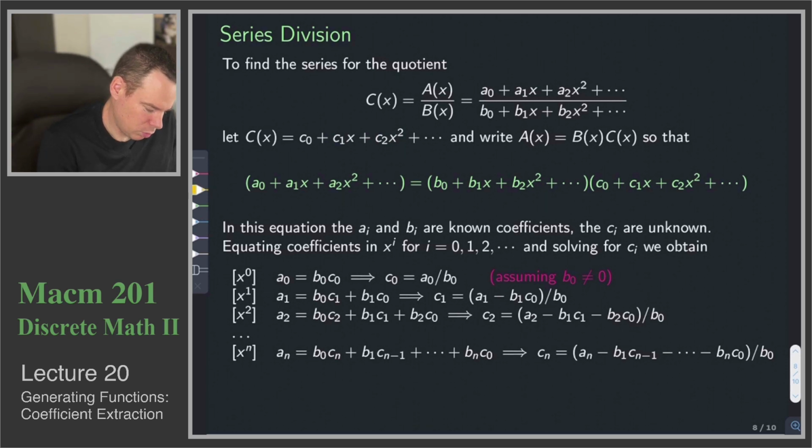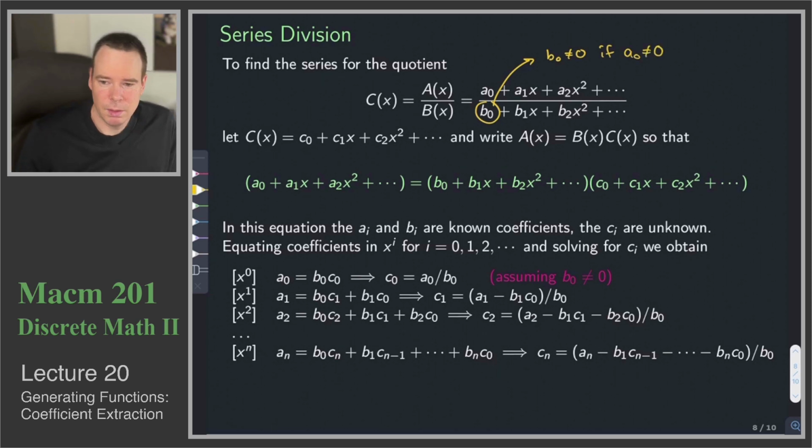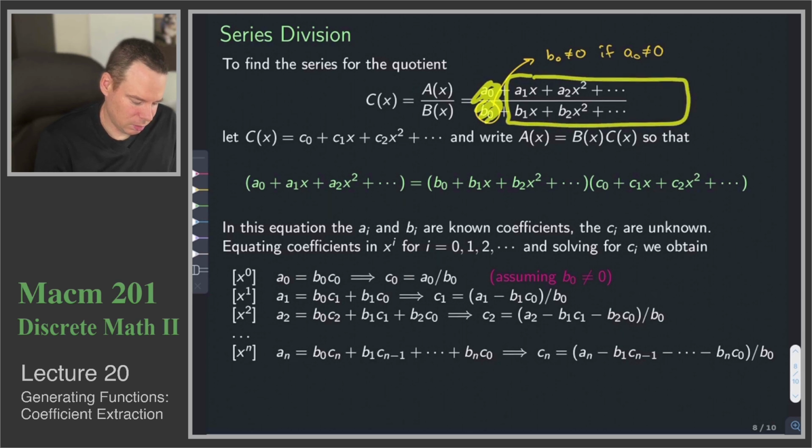So there's an initial assumption here. We're assuming B naught is non-zero if A naught is non-zero. If A naught is 0 as well, so both A naught and B naught are 0, then the numerator and the denominator would each have a factor of x in common, so we could divide out the common factor of x and focus on the resulting series, and this would be our new constant term.